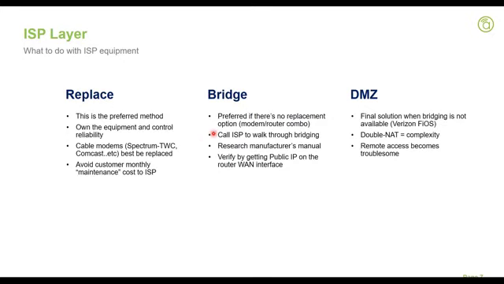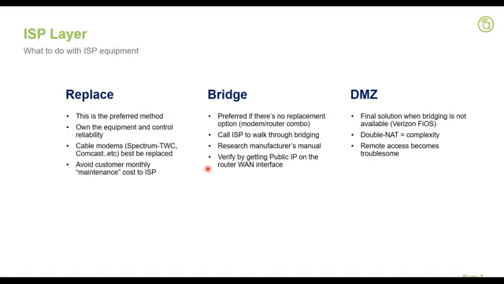Sometimes it's not fun to work with the ISP tech support, so you might want to resort to some quick online research in the manufacturer's manual, because most of the time these are well-known companies, and see how you can bridge that modem combo and bypass it. If that combo also has Wi-Fi in it, it's advisable to turn off Wi-Fi in that device, because usually it's not an ideal place to have a Wi-Fi device.